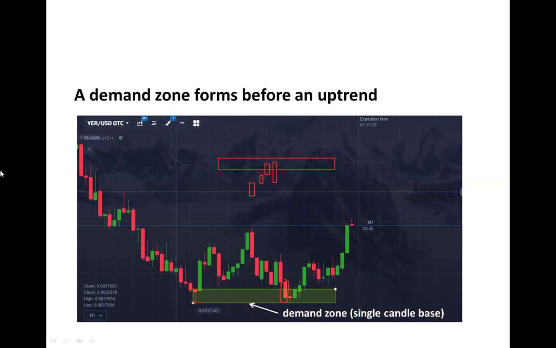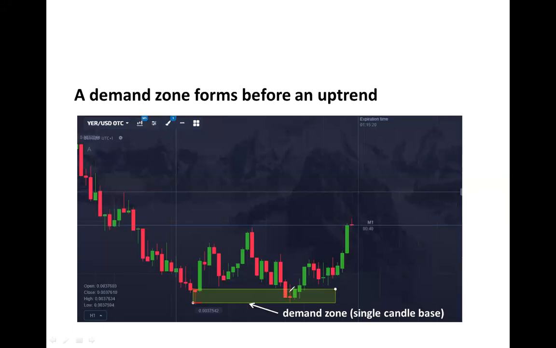But if there's no confirmation, such as a rejection or a shadow that confirms the price is reacting to this zone, the market is expected to continue. But if there is any reaction inside the zone, the market is expected to reverse. In this case, it's quite different: the market doesn't react inside the zone.